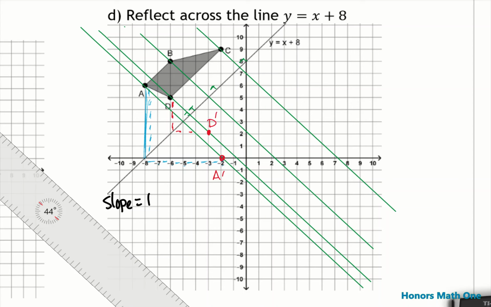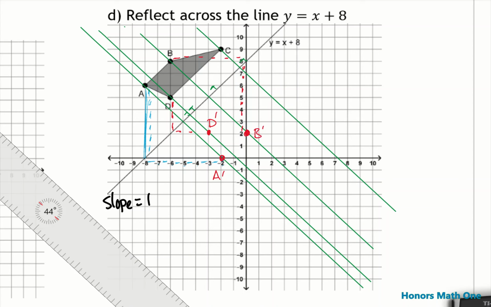B prime is going to live on this third line up. I'll get to it by going this way, 1, 2, 3, 4, 5, 6, and then I'll go down 1, 2, 3, 4, 5, 6. So this one should live right here. This should be B prime.